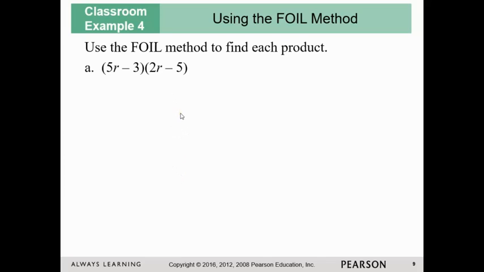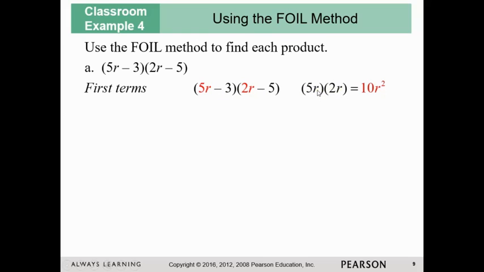Now we're going to talk about FOIL. Remember, FOIL is first, outer, inner, last. So if we were to FOIL these two binomials, the first thing we do is multiply the first terms, which are 5r and 2r. So 5r times 2r is 10r squared. Remember to square the variable.